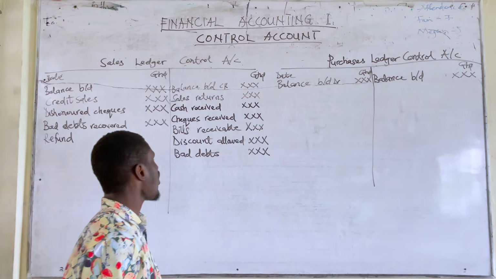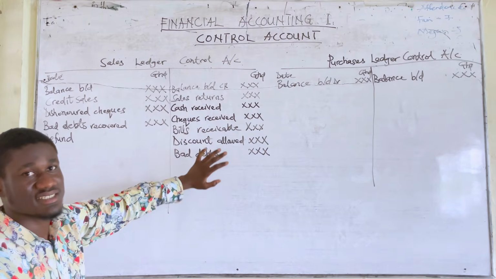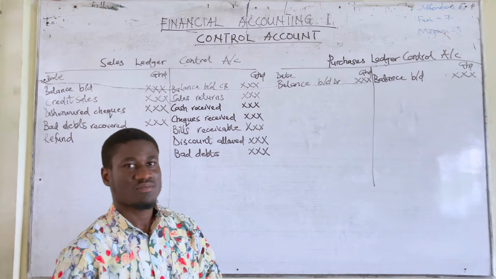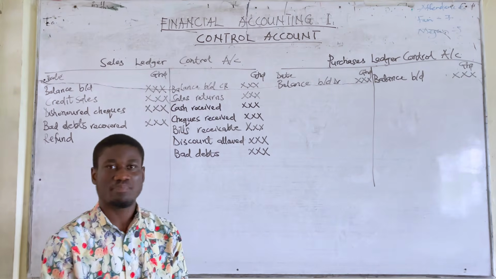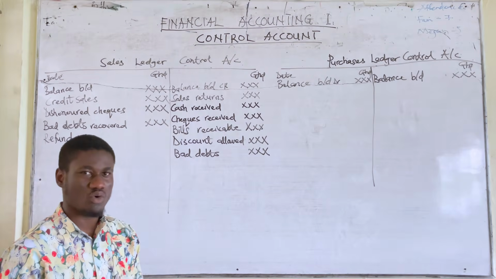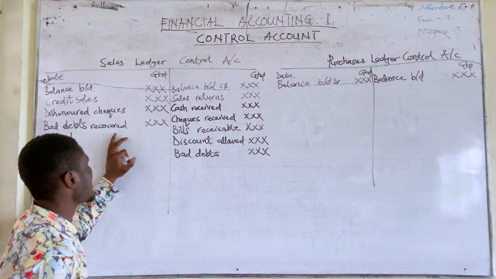Why? Because when we receive cash, we write it here as a decrease. When we receive the cash and we refund the cash back to them, have they been able to pay the amount they owe us? No. So it's just like the dishonored checks.